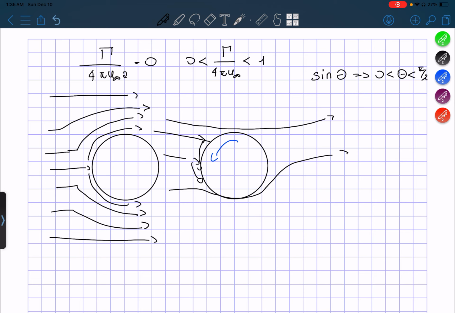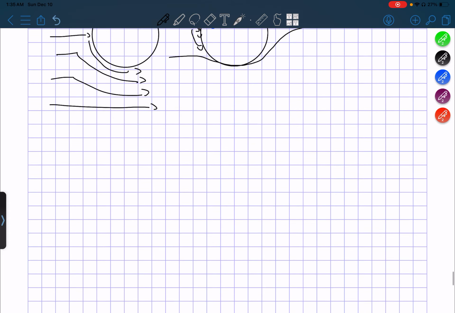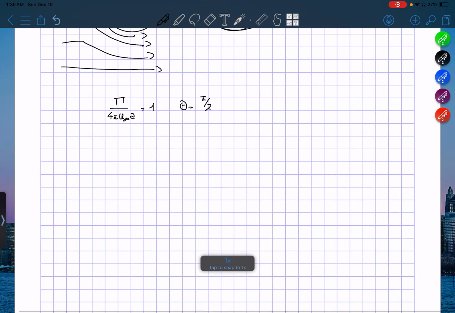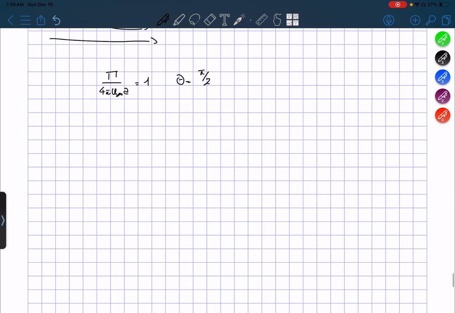Now, the fun stuff begins. When we have gamma over 4 pi u infinity a equal to 1, then our theta has to be equal to pi over 2. So once again, this time we have a stagnation point at the top.